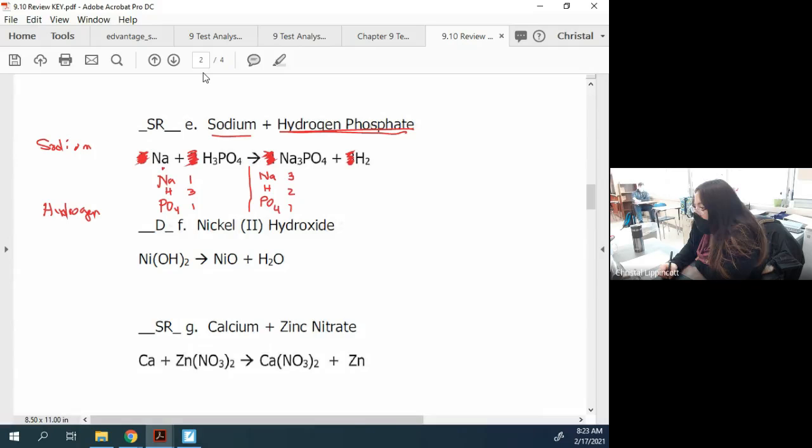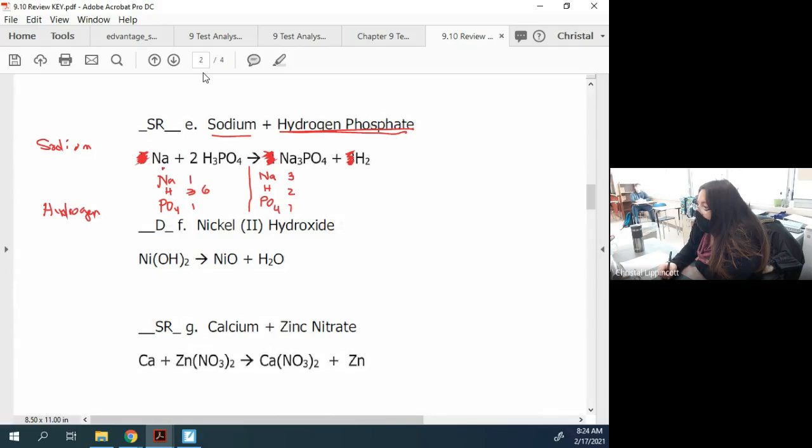So I want to get this hydrogen in this compound up to 6. What do I have to multiply 3 by to get that to 6? 2. Very good. So I've got my 2 there.